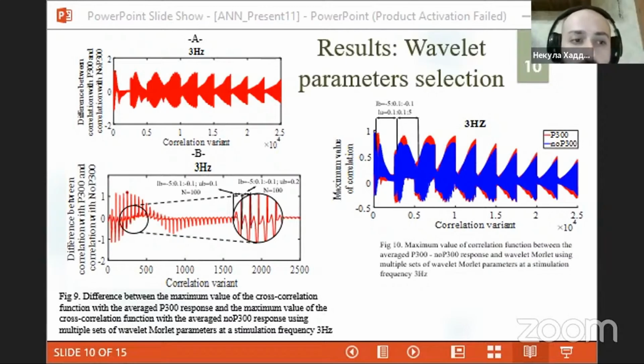To determine the most appropriate wavelet Morlet parameters, the difference between the maximum value of the cross-correlation function with the averaged P300 response and the maximum value of the cross-correlation function with the averaged non-P300 response was considered, as you can see in figure 9, where this value is indicated by the y-axis.